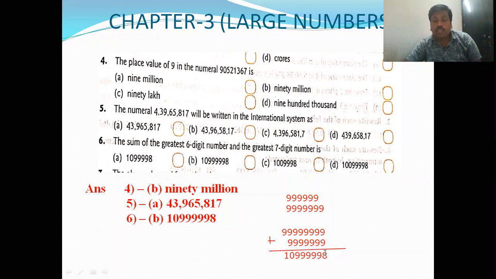Here 9 and 9 is 18, 8, 1 is carry over, 9 and 1 is 10, 1 is carry over. And when we simplify, we find this number, 1,099,999,8. And where is this type of number written? Yes, option B. So children, option B will be correct. You know how we can add them.